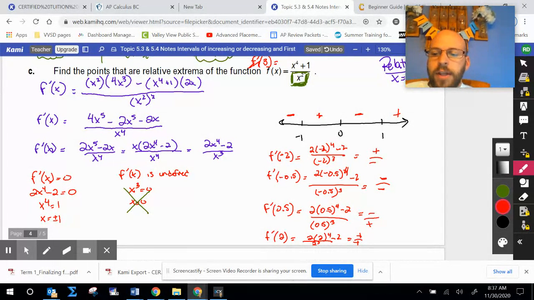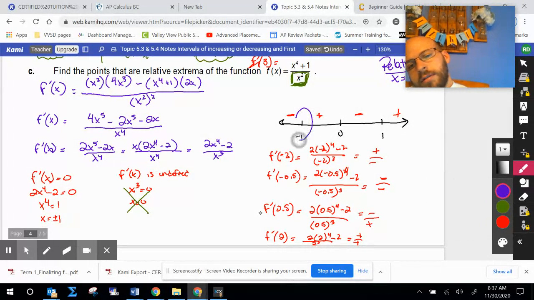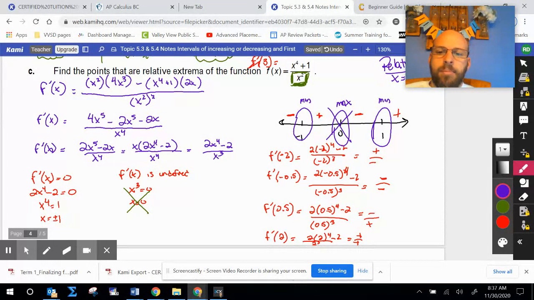So based off of the information that I've found, I have a minimum here. I have a minimum here. And you would think that I have a max. But again, at 0, there's an asymptote. So therefore, you can't have a maximum at that point.